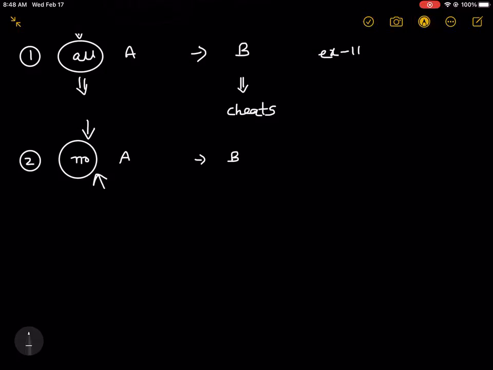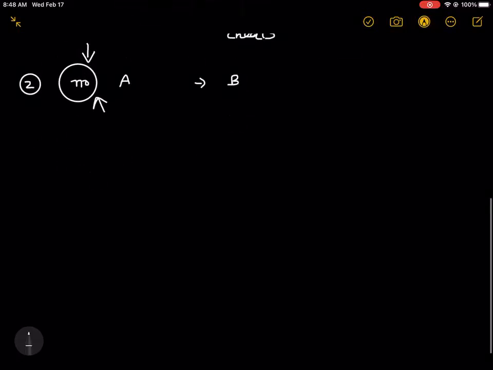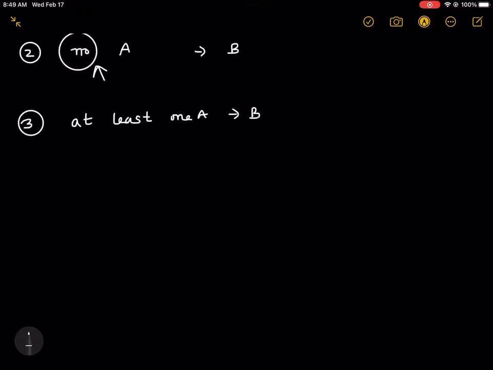Okay, now the next one, number 3 says, at least one A is B. So now I'm saying at least one A is B. Let's say I'm saying at least one of you will get 10 out of 10 in the second homework.